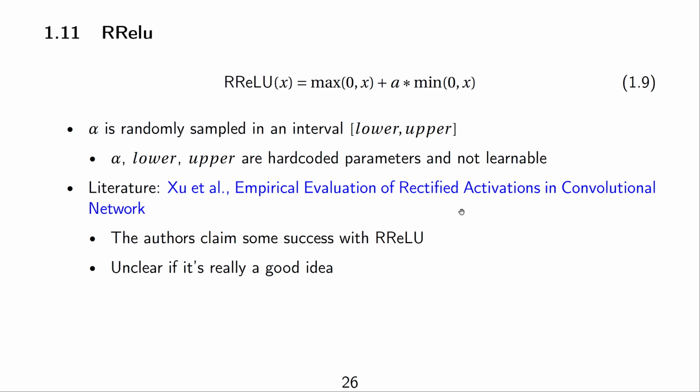There's a paper about this, and the authors claim some success with this random ReLU. Now, this is mainly to show it as a novelty idea. This is not something that has been picked up by other authors. However, it shows a bit this really wide range of activation functions and this wide range of ideas that people have tried out.